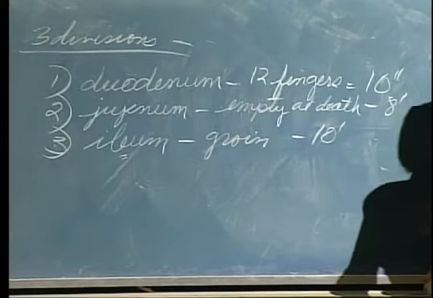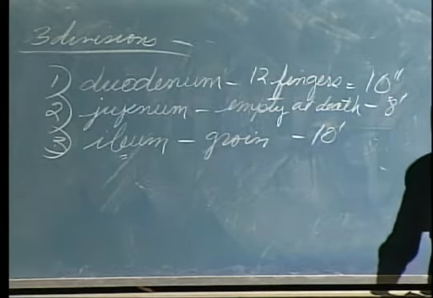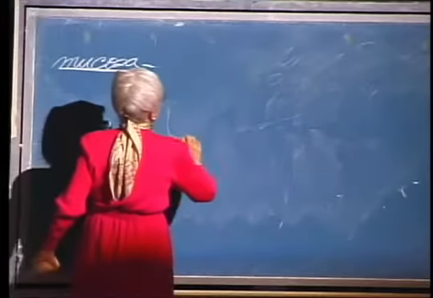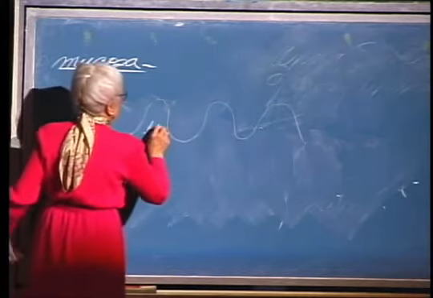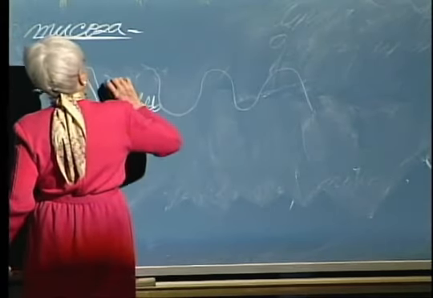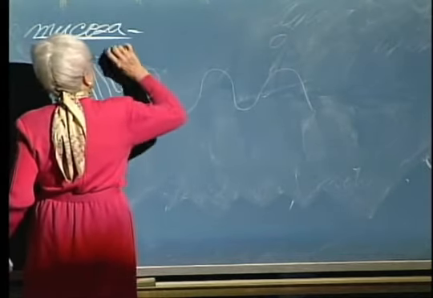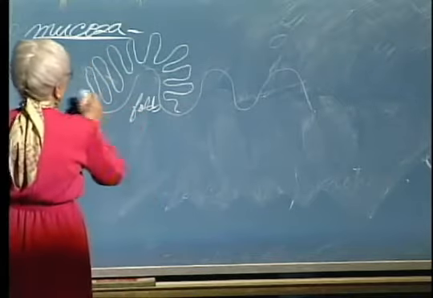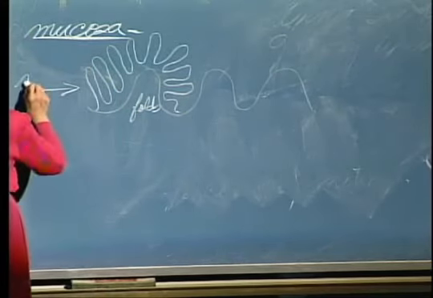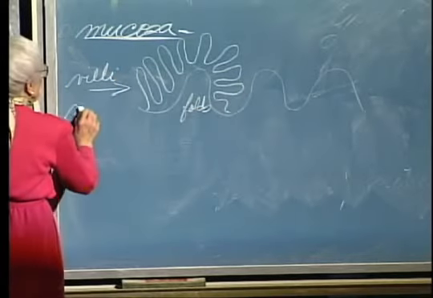So we'll have the mucosa thrown into folds. And on it we will have finger-like projections, increasing surface area tremendously here. And these projections are the villi, collectively, singularly, a villus.